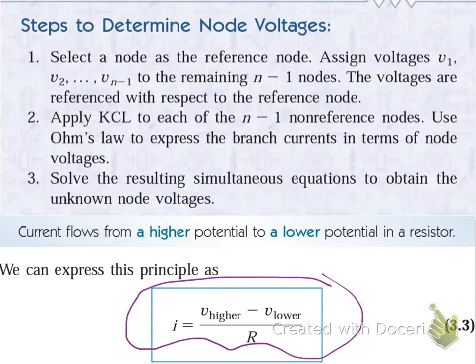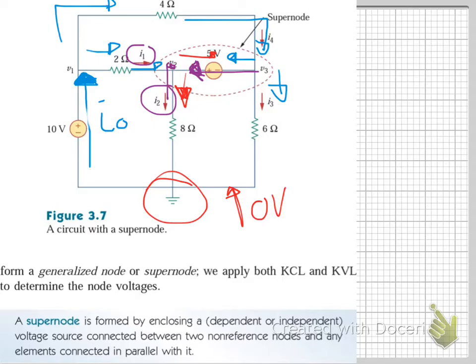If this chapter does not make sense to you, please, I beg you, please make an appointment with me, or with another tutor, or with a friend, so that somebody can explain to you. Because if you do not understand this chapter, you will fail electrical and computer engineering. It's that deep. This is a deep chapter.